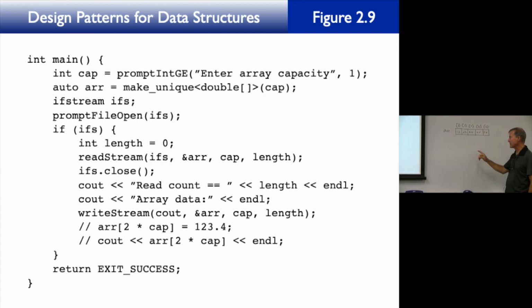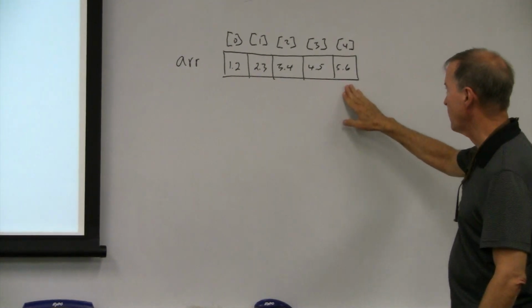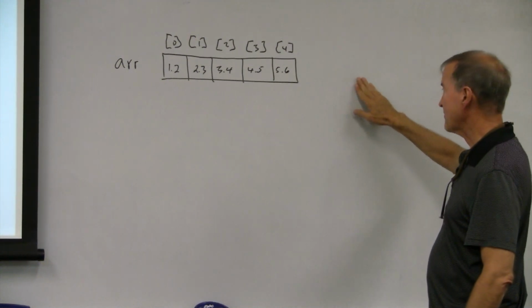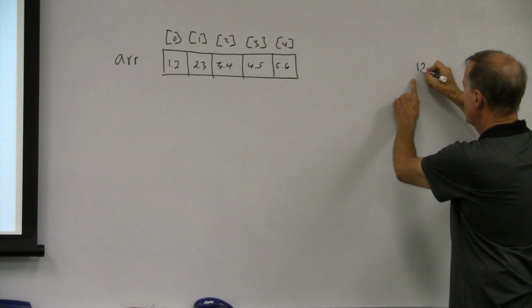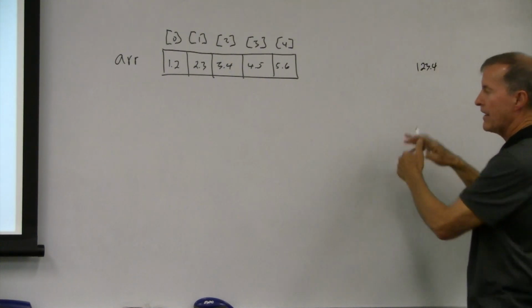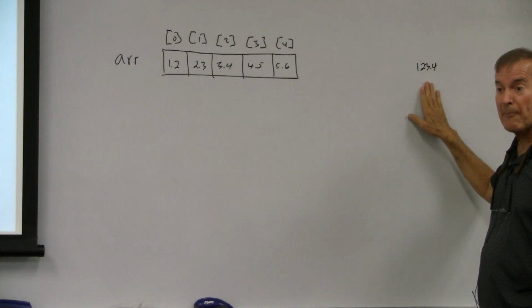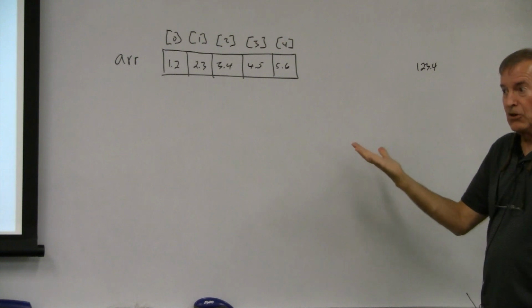If this is 0, 1, 2, 3, 4, then where would 5 be? 5, 6, 7, 8, 9, 10, way the heck over here. 123.4. Now, when it put 123.4 over here in memory, what happened? I mean, what is in memory over there? Who knows?